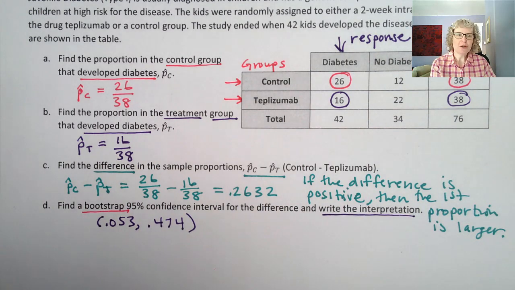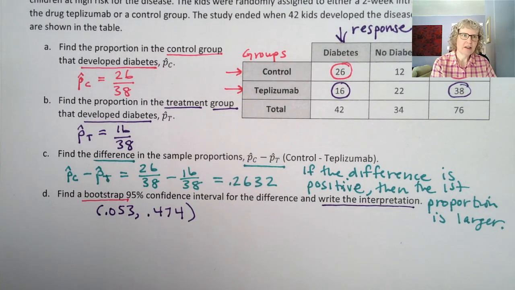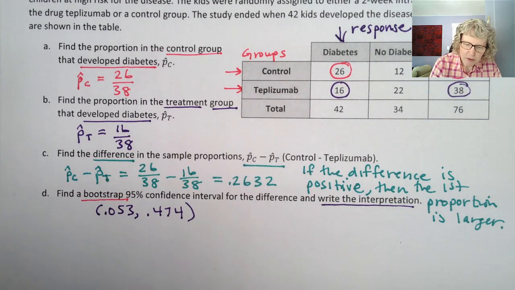So this will be a little bit new, because how do you write the interpretation for a true difference between the two? Okay, so let me show you that. So we'll start the same.